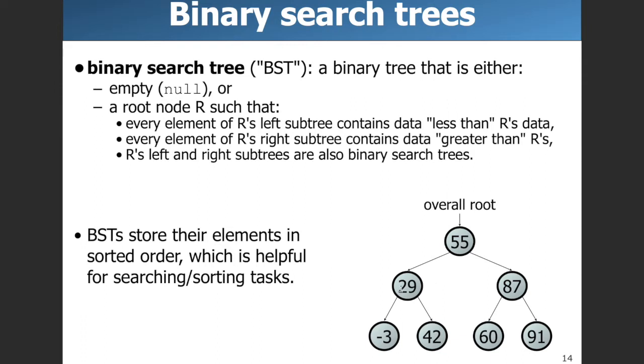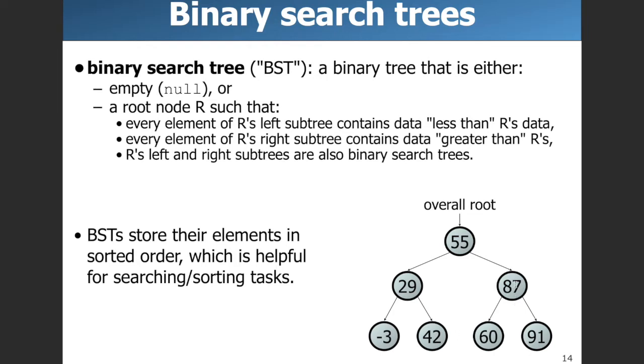And you can see it here. 29 is less than its parent, it's less than 55. And the same is here: -3 is less than 29. It's always less than its parent. And same as here, 60 is less than its parent.